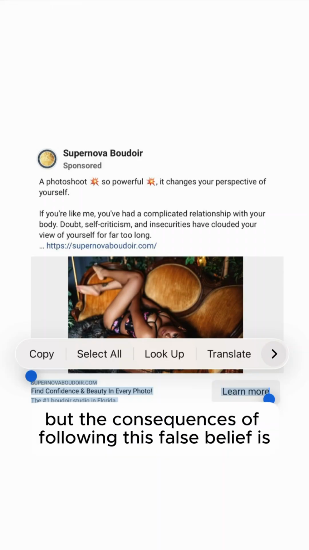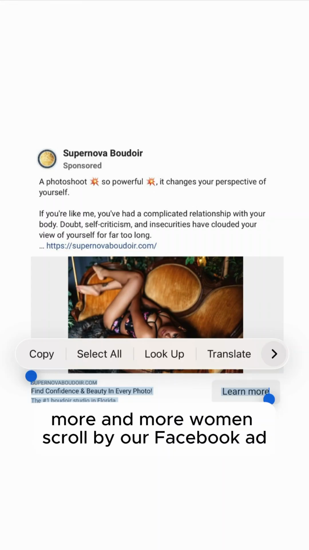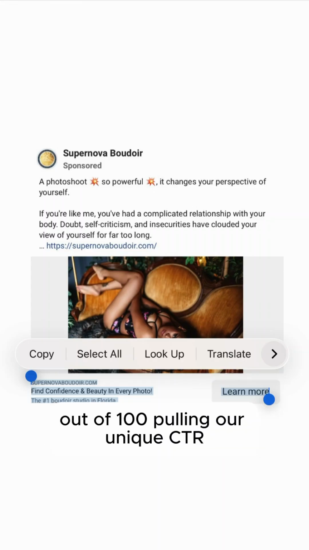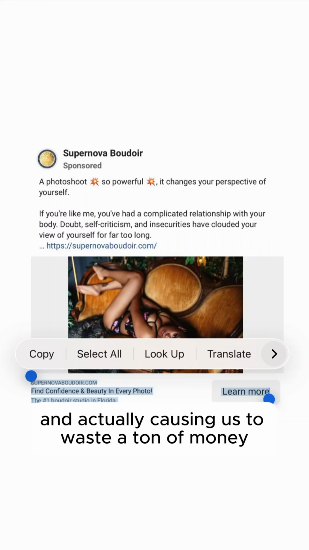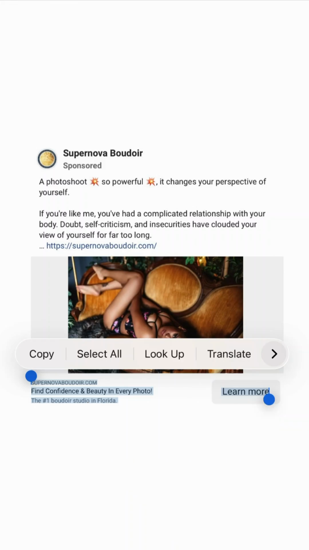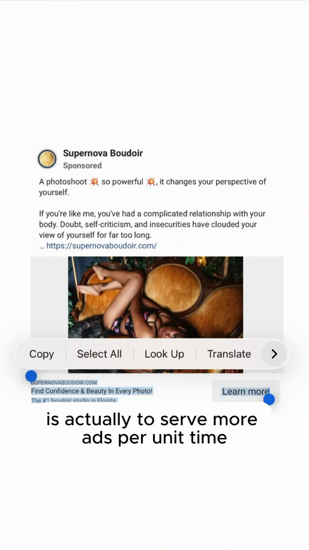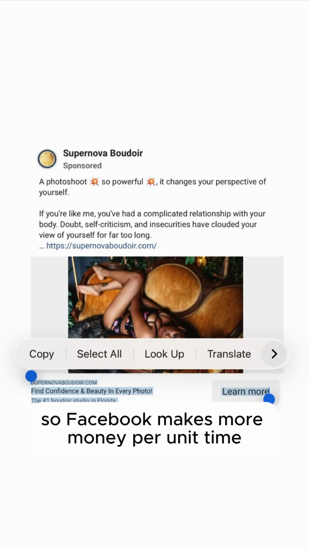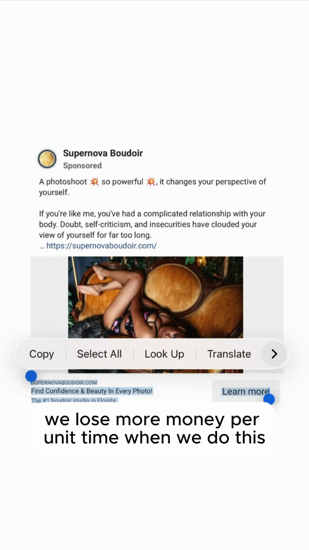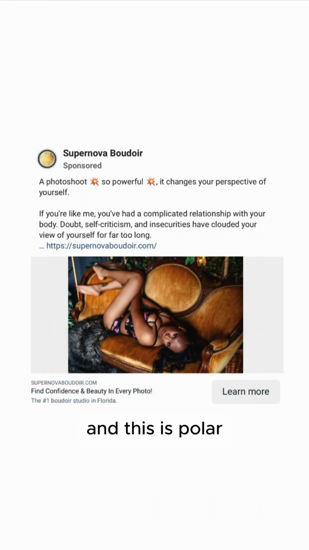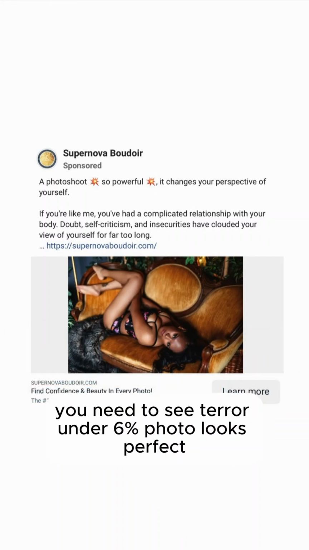But the consequence of following this false belief is more and more women scroll by our Boudoir Facebook ad out of 100, pulling our unique CTR under 6%, and actually causing us to waste a ton of money. Now, what Facebook gets is to serve more ads per unit time. So Facebook makes more money per unit time. We lose more money per unit time when we do this. And this is pulling our unique CTR under 6%.